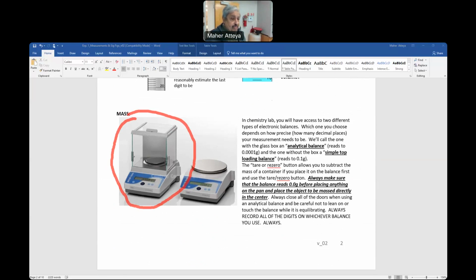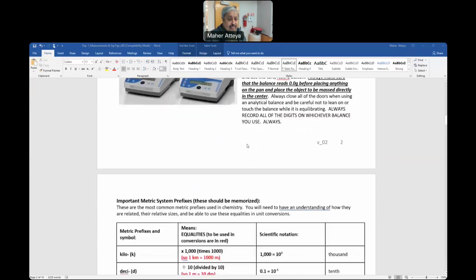And then you'll come and measure the same object, this one here. Write all the digits coming out, all significant figures, all the digits coming out of your balance reading. Don't round, you don't do anything, just put the numbers there, okay?